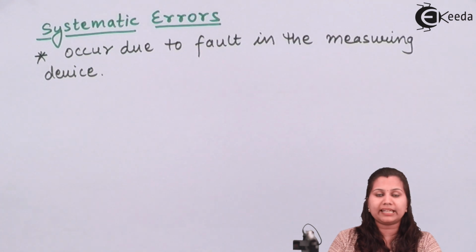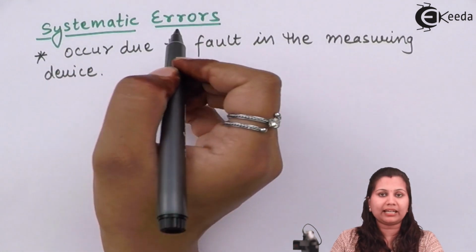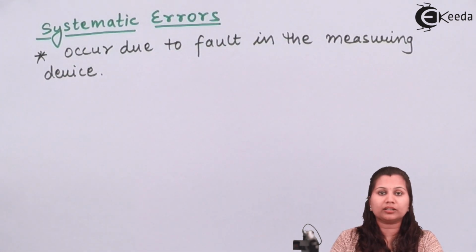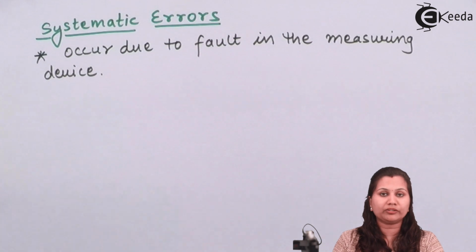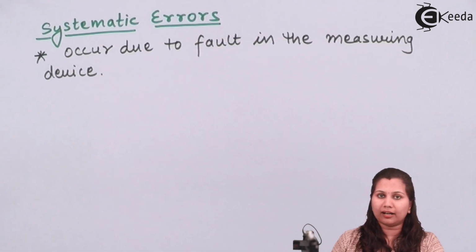Now, if there is any mistake in that measuring instrument, the reading will be wrong, and due to the wrong reading, there will be an error. So systematic errors are those errors which occur due to a fault in the measuring instrument. Suppose the measuring instrument is not calibrated, or the pointer of the measuring instrument is not accurate, then error can occur.